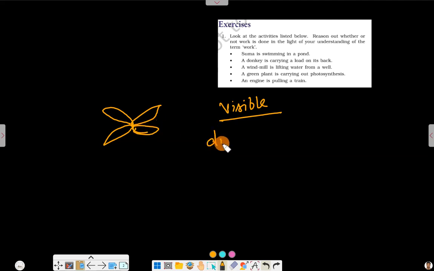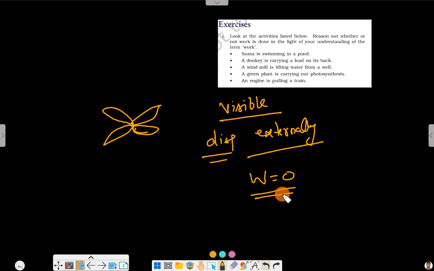So there is no displacement externally, and as there is no displacement externally, there is no work externally. But internally, there is a chemical reaction happening, and due to those chemical reactions, ions are getting displaced. So internally, there is work. But if you are just looking externally, there is no work. Okay.